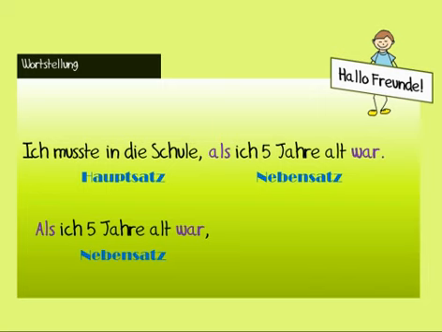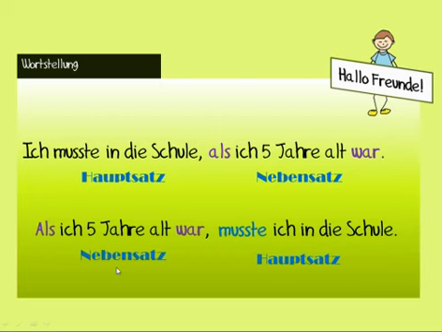So if our dependent clause is first position, then our main clause is not going to start with ich, but with musste, because we know in second position we must have our conjugated verb. Okay, so our main clause now starts with musste, because as a sentence all together, our dependent clause became first position. And then we finish it up as we know, musste ich in die Schule gehen.